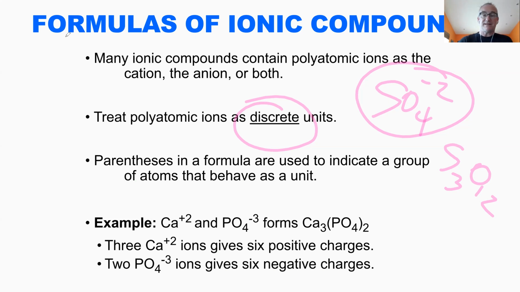So parentheses tell you that that's a group of atoms that behaves as a unit. It is a discrete unit that behaves as a charged item. It's always together as a group, and it has a particular charge.